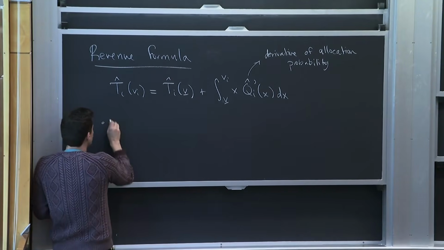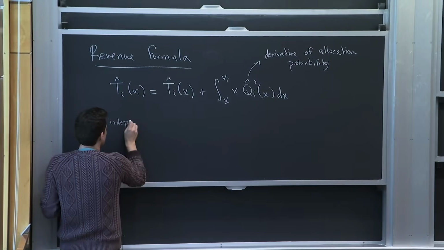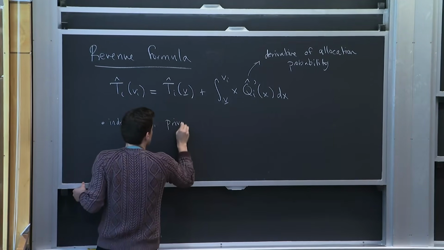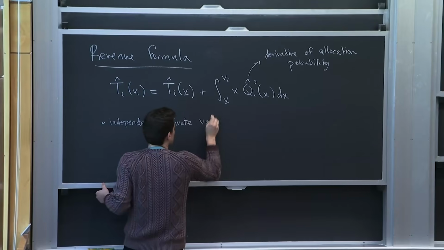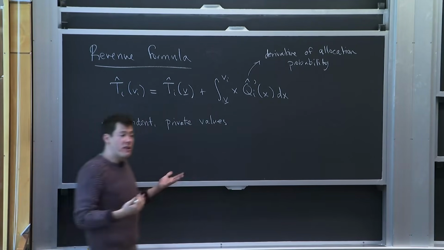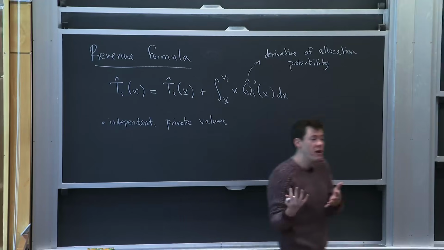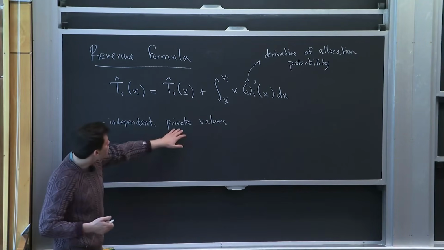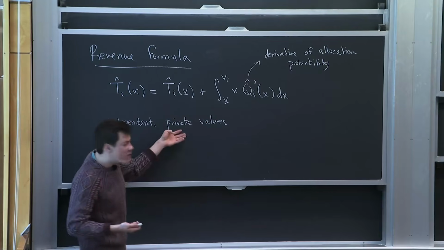One was the assumption of independent private values. Independence says statistical independence. It says one bidder's valuation is statistically independent of another bidder's valuation. Private values, private is kind of a confusing term.